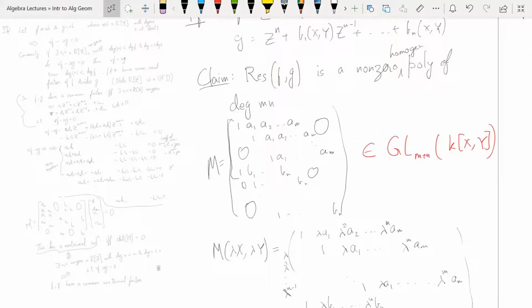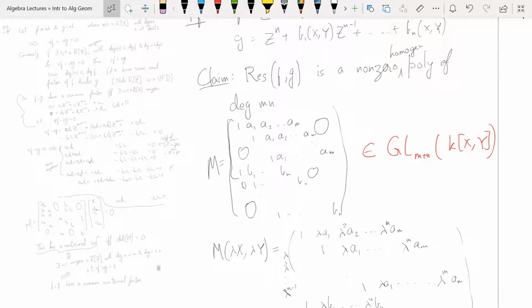Okay, so now what do we have to show? We have to show that the determinant of M and the determinant of this matrix M(λx, λy) differ by a factor of λ to the power mn.